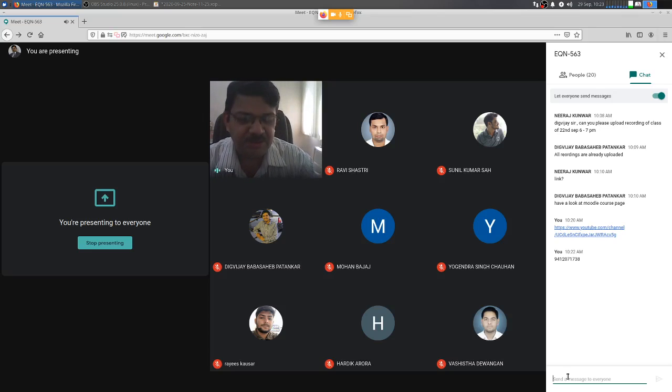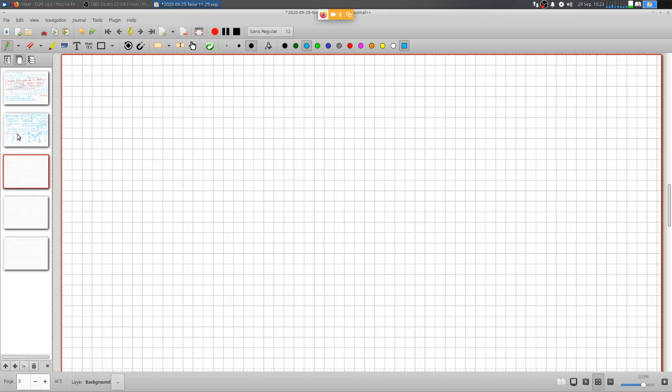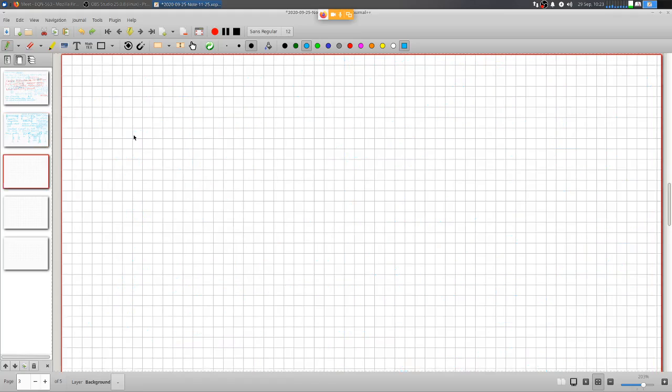So, we were discussing, what were we discussing? Let me look at it. Yeah, lateral load resisting elements.